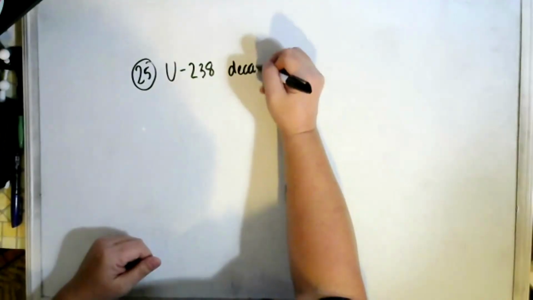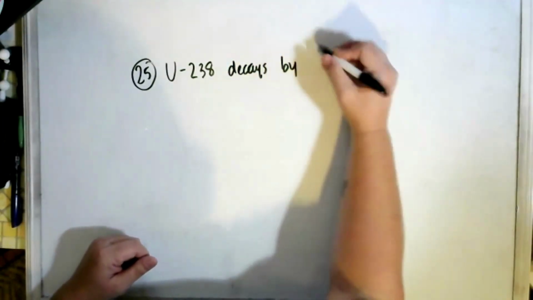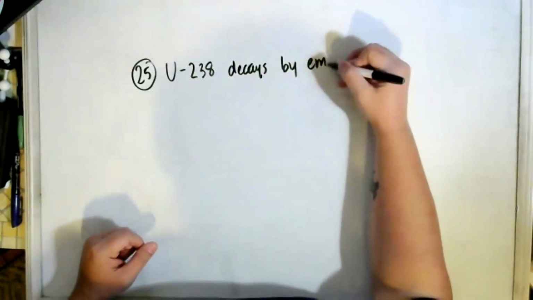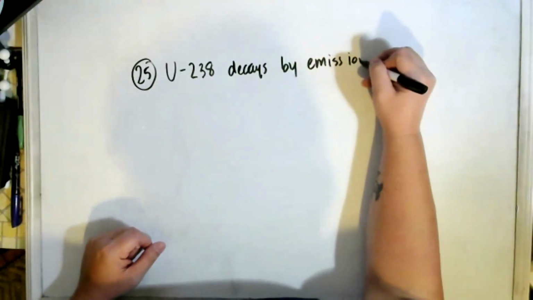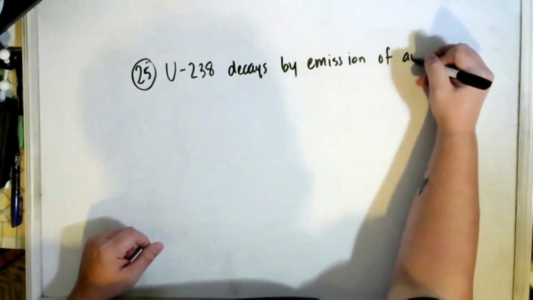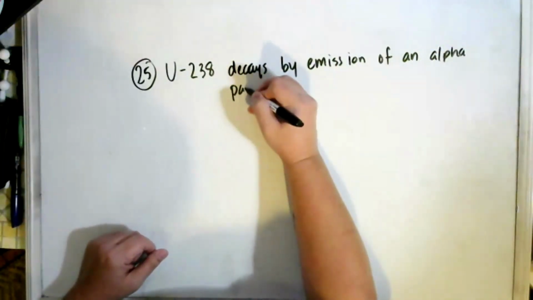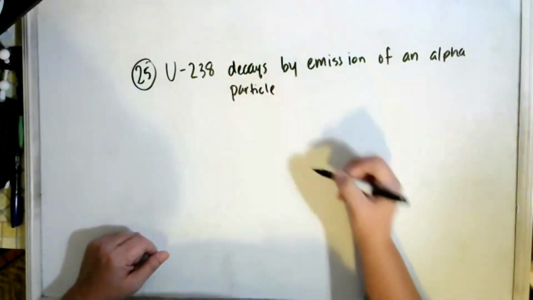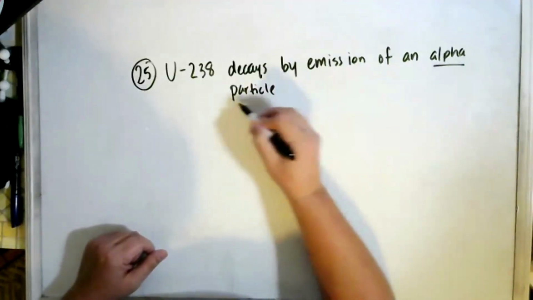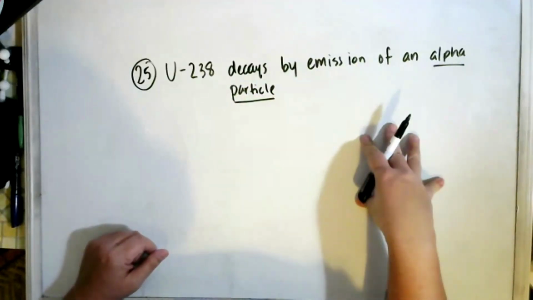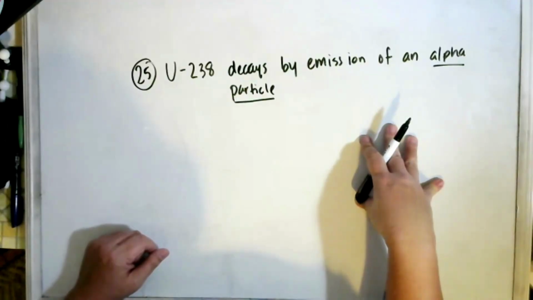So when you see a question like this, decays by emission of an alpha particle, that means that you know that this alpha particle is going to be on your product side of your nuclear reaction.